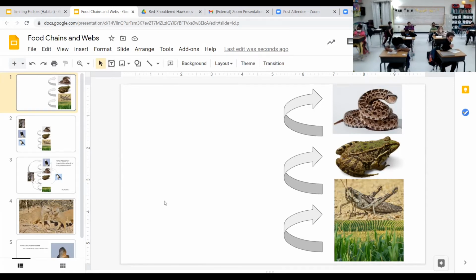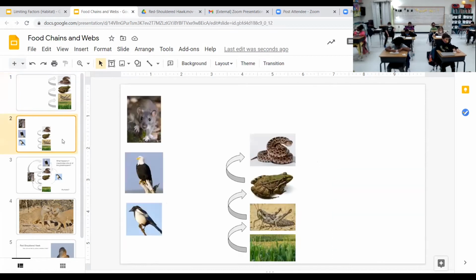So ecosystems are not this simple. What a food chain does is it only shows you one pathway of how energy can move through that environment. But oftentimes, environments and ecosystems are much more complex than just a food chain. And that's where we start to get into our food webs.